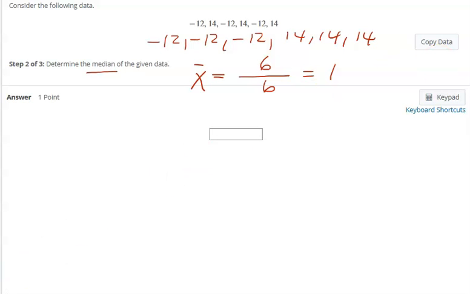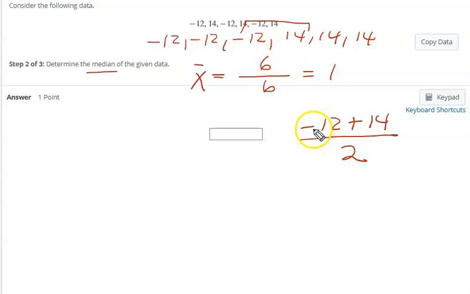Now in part 2 of this question, they're asking, what is the median? Well, we said once the data is in order from least to greatest, and if it's even, we have to go to our 2 middle terms, which is a negative 12 and a positive 14, and then take the average of those two.